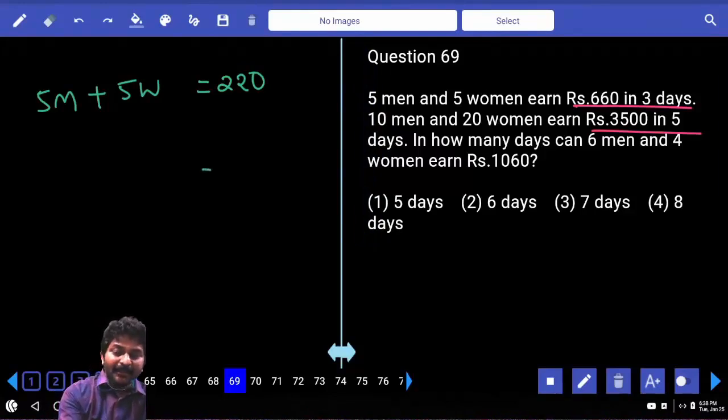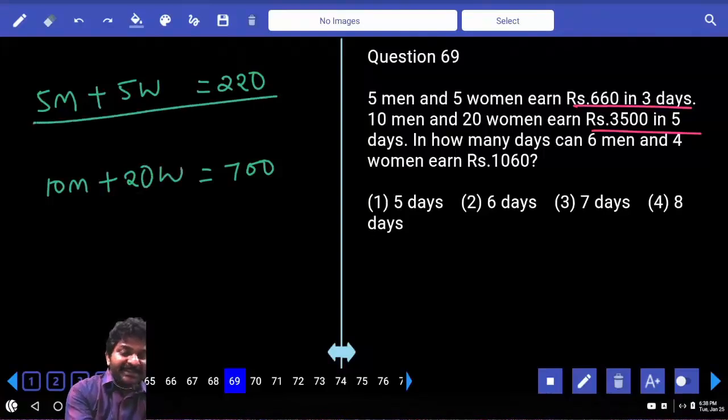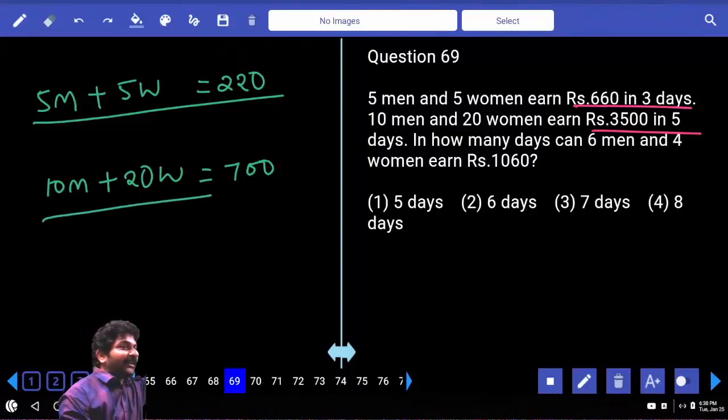Then per day, how many men? 10 men. And how many women? 20. With the same ratio, 5 men 5 women, but here we have 10 men and 20 women. I want to make the number of men or number of women equal in both cases.